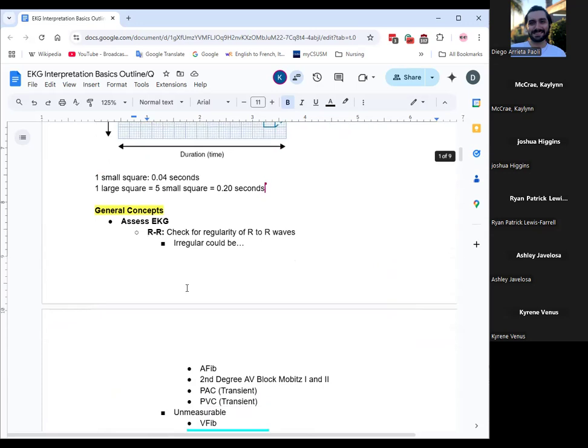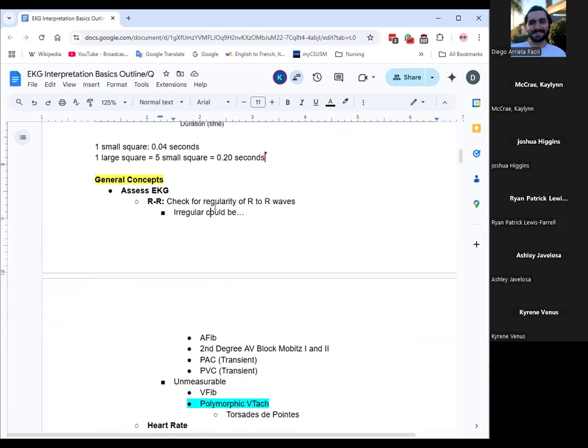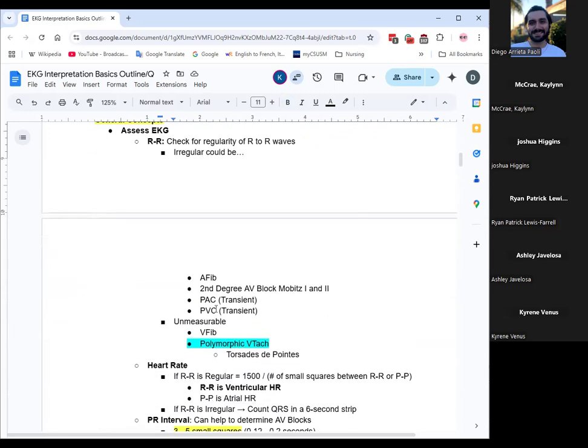After that, here I have listed some of the different rhythms it could be if the R to R is irregular or unmeasurable. You don't have to hard memorize it, but I think it's helpful. So if the R to R is irregular, it could be because of AFib, which causes earlier QRS complexes to happen.